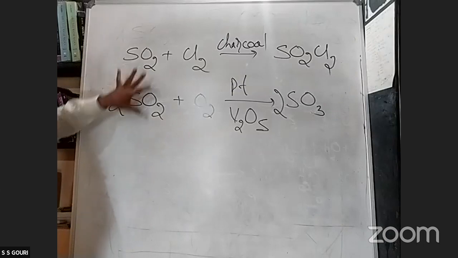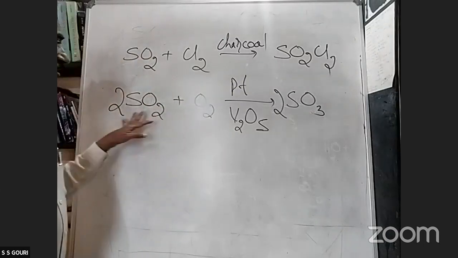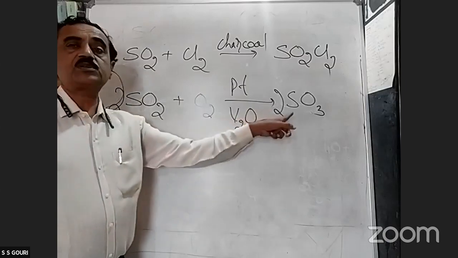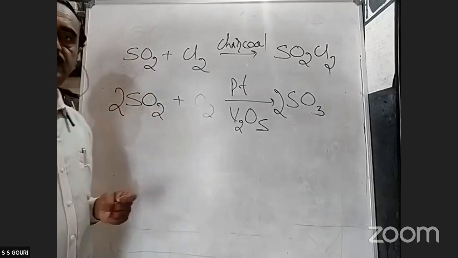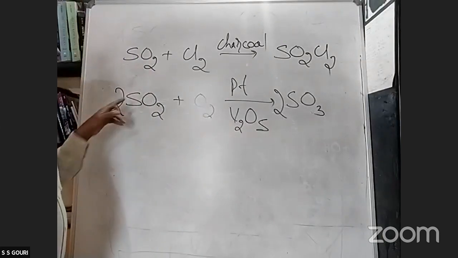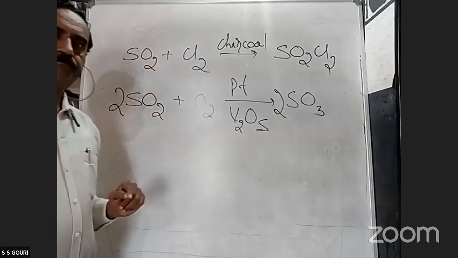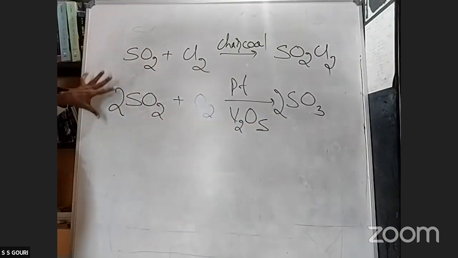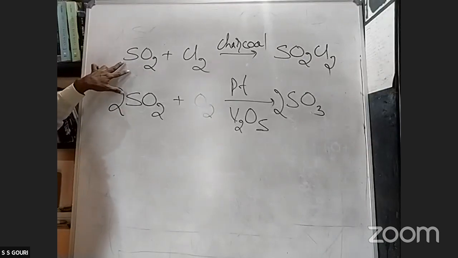Okay, so these two are addition reactions of sulfur dioxide. You come across this again in the manufacture of sulfuric acid. It is a very important step: conversion of sulfur dioxide to trioxide. Note it down.